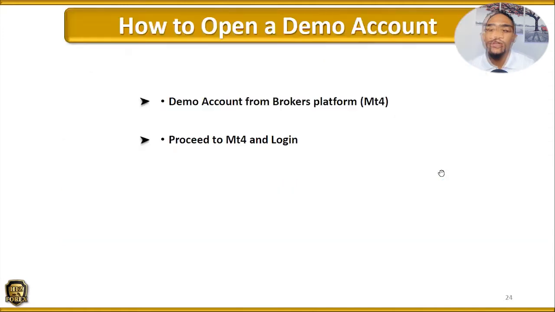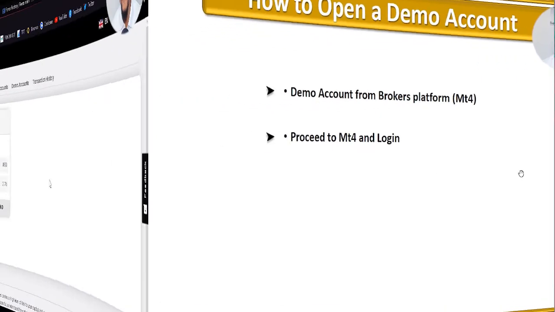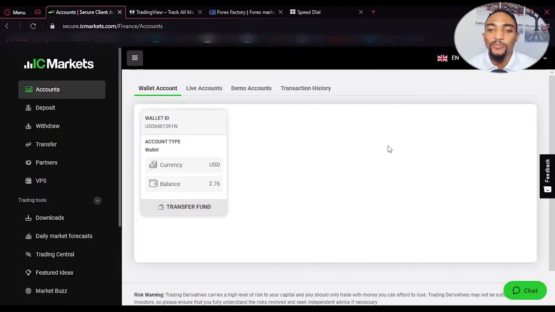Okay, now how to open a demo account? All right, so let's go to my account and set up a demo account. To set up a demo account, it means you have created the account with the broker and are done with the verification process.